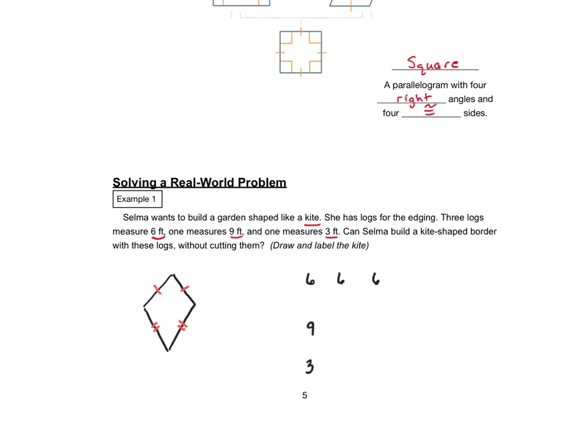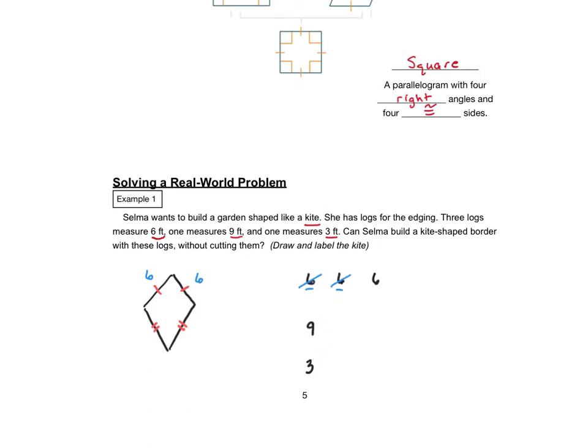If I move these around a little bit, I could say that if 2 of my sides were 6 feet, those would be congruent and could be part of my kite. If I eliminate those because I've already used them, the remaining numbers are 9, 6, and 3. Well, 6 and 3 add up to 9.